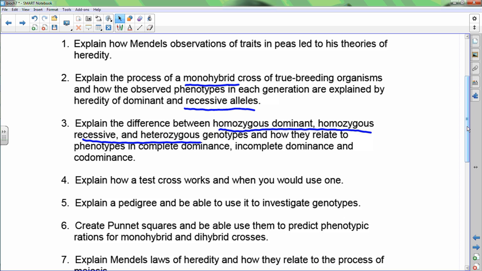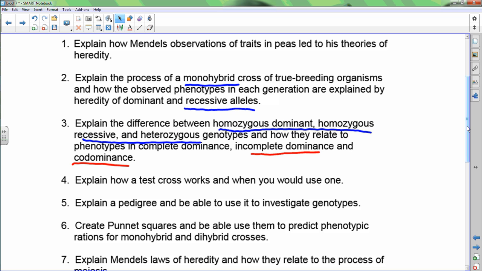However, in incomplete dominance and codominance, we can tell the difference. But we need to know how those things show up differently. If it's incomplete dominance, they would mix. There would be some in-between thing. In codominance, you get both.